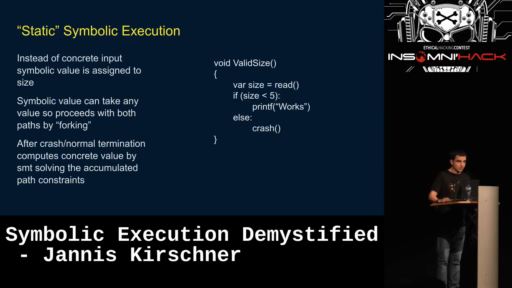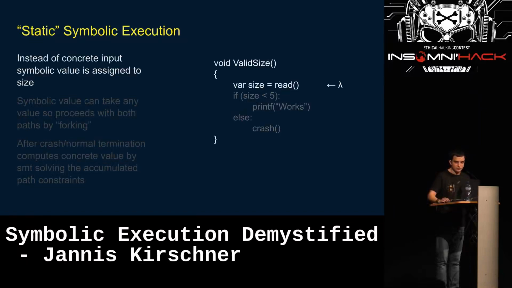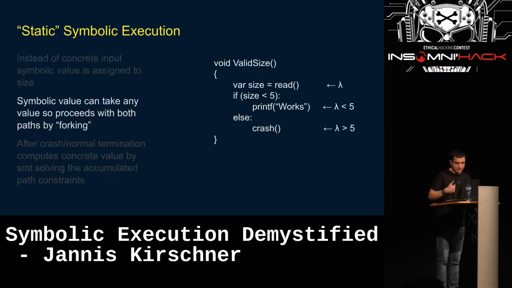With symbolic execution, you're not providing a concrete value, but a symbolic one. So you provide a symbolic value to your input, and it evaluates both parts of the branch. It keeps track of both states for your branch, and it keeps track of the constraint.